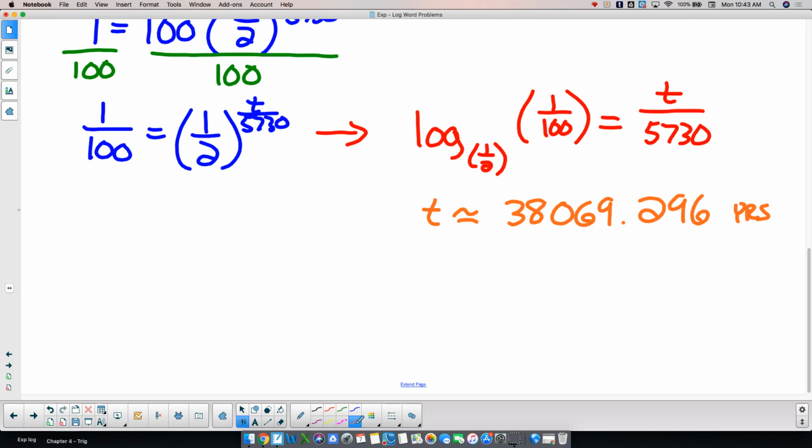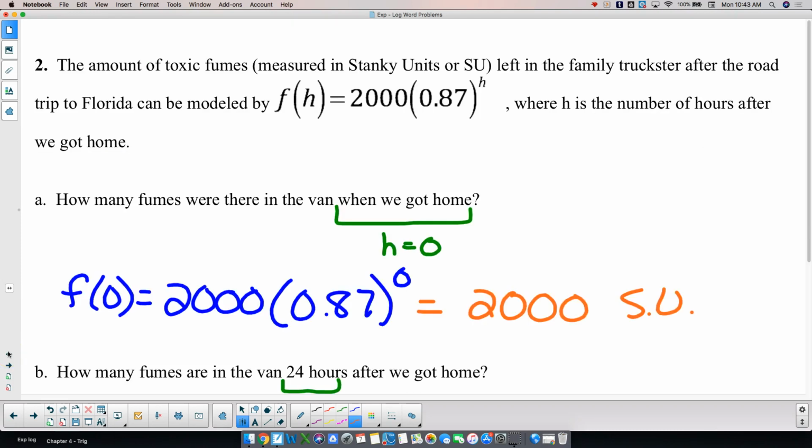Okay. Now, bonus question. Let's go back a slide. So we're in Stanky units here now. You tell me when there will be 500 Stanky units left in the van.